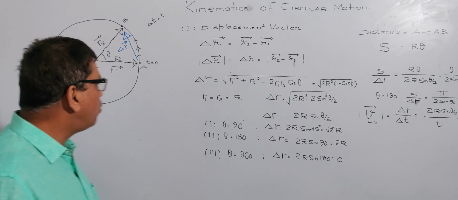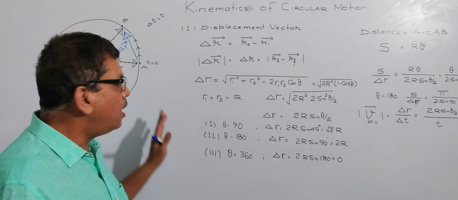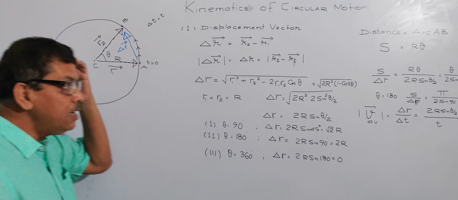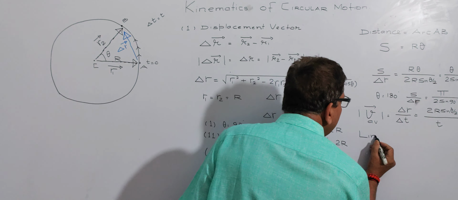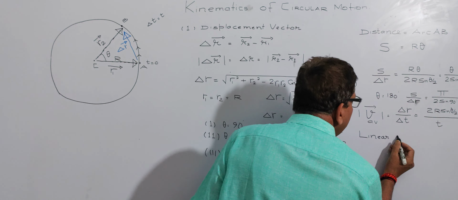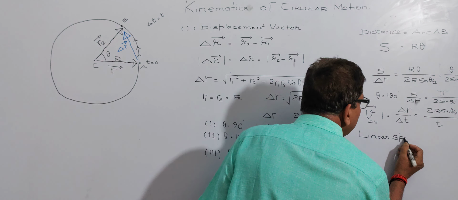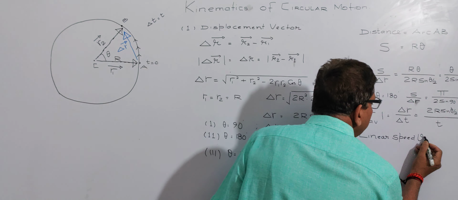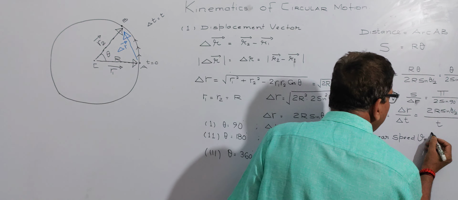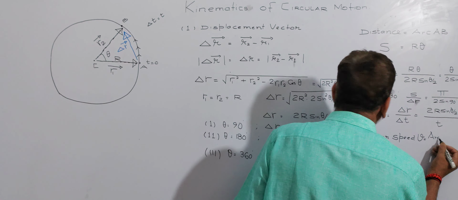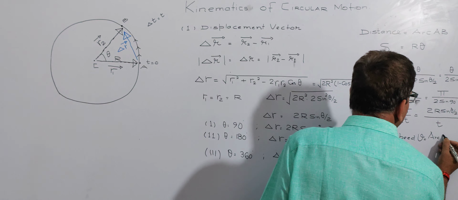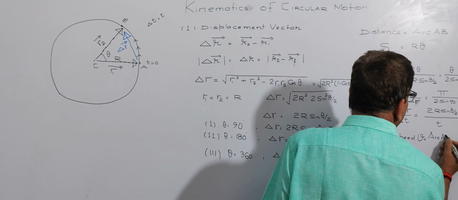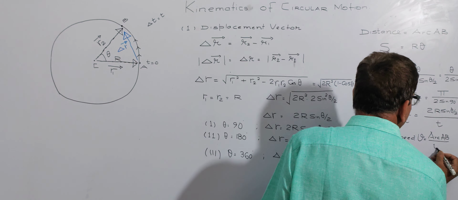Now let us find out how I can find the linear speed. The linear speed v of the object can be written as arc AB, this is the distance covered, divided by the time interval t.